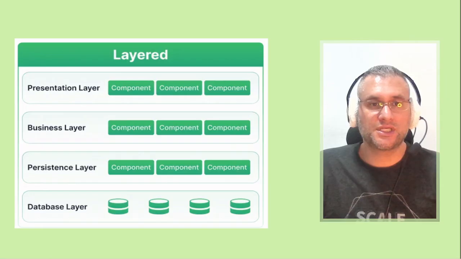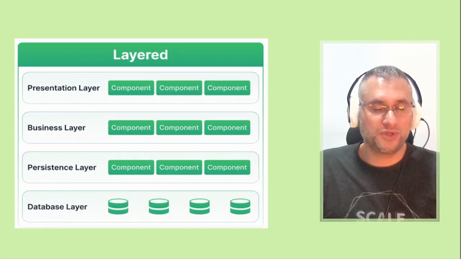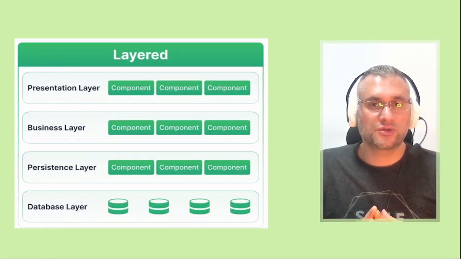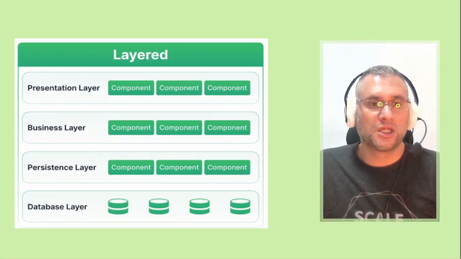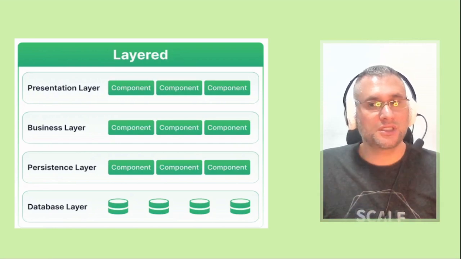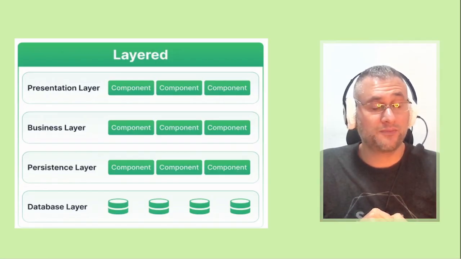problem in your system, because it could be slow when your user makes requests and needs to walk through all the layers in your application. For that reason, it is good to know that this architecture pattern is well organized.